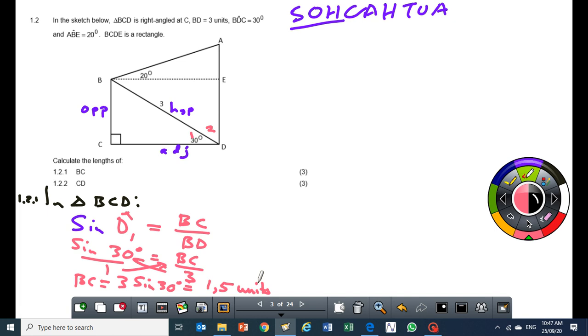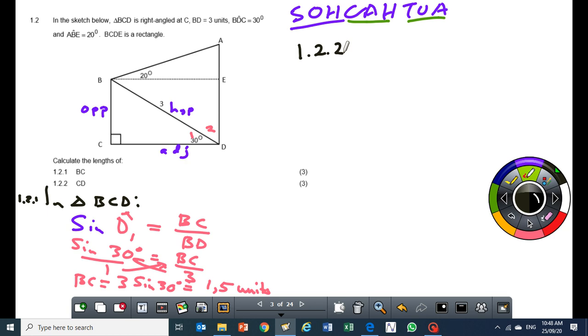Now if you look at those three trigonometric ratios, the ones that have got the adjacent side are tan and cos. So you can decide which one you want to use. I'm going to use tan. It's my choice. If you use cos, it's fine.